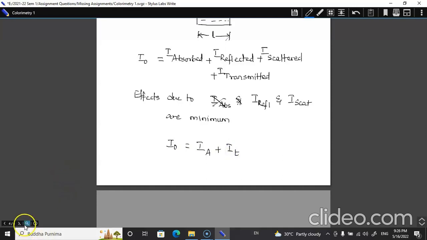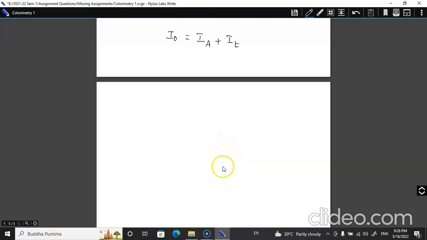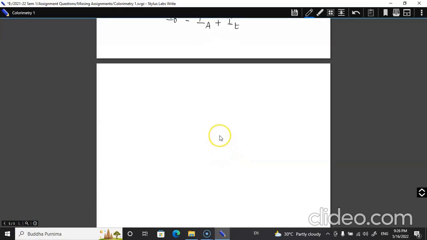The intensity of incident light is equal to the intensity of absorbed light plus the intensity of transmitted light.